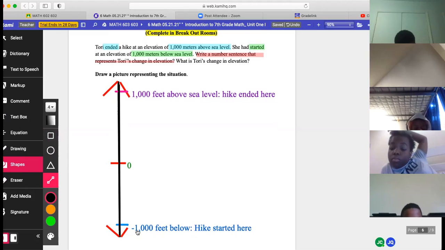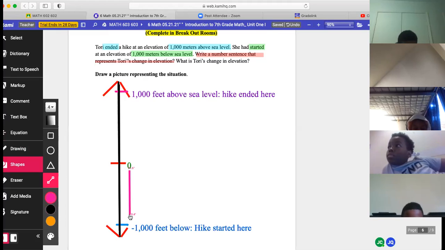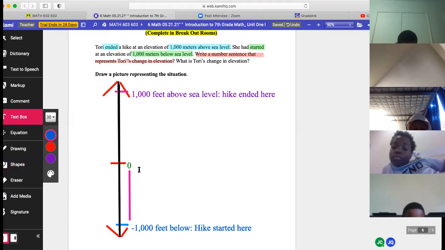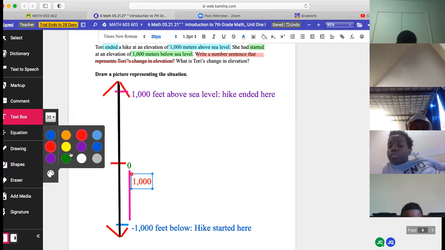So, Lorena, how far is negative 1,000 from 0, ma'am? 1,000. So from here to here, I'm going to take my text box and write 1,000. I'm going to change it to red so you can see it. 1,000 to 0. Got that?